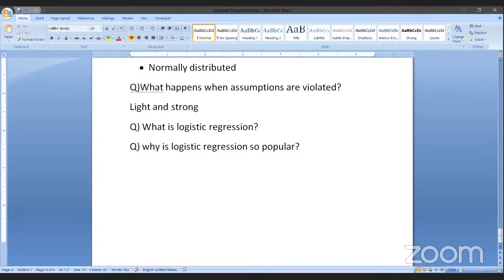So we can say it is very popular in the sense that it is a very good model when we are considering a binary linear classification problem.